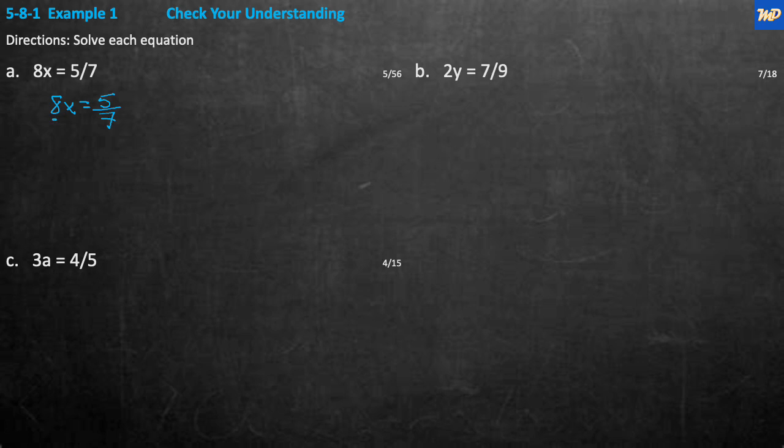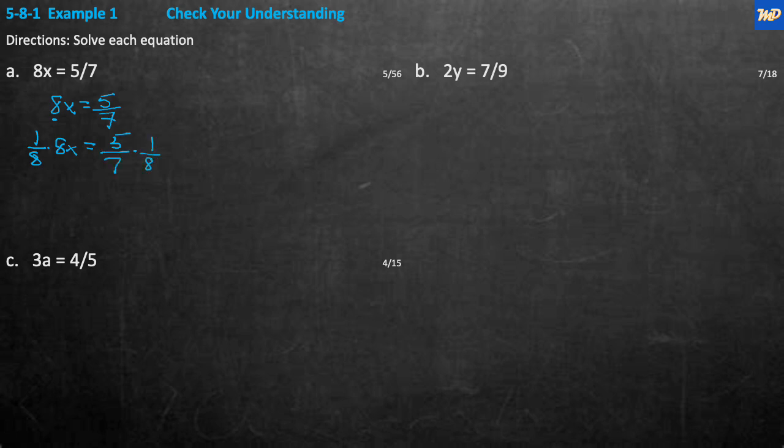So in order to remove that 8, we have to divide each side by 8 or multiply each side by the reciprocal of 8, which is 1/8. I will do it that way. So 1/8 times 8x is equal to 5/7 times 1/8.